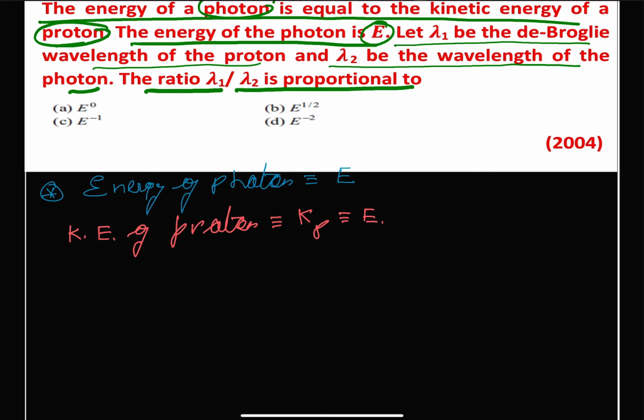And wavelength associated with proton is lambda 1 and with photon is lambda 2. We have to find their ratio with respect to E, because the solution is with respect to E. So let us start with the photon.